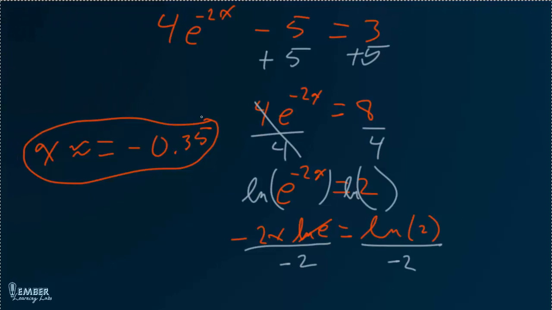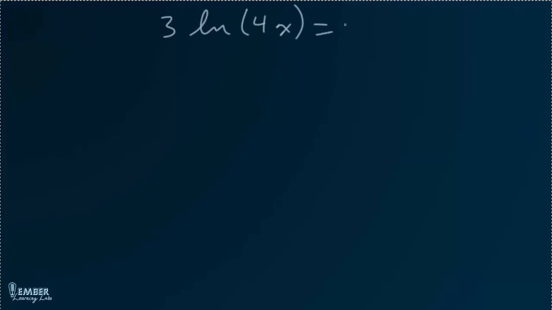Just to get some more experience with logarithmic equations, let's do one more. Let's try that with a better color, you can't see that. So 3 times the natural log of 4x equals 24.